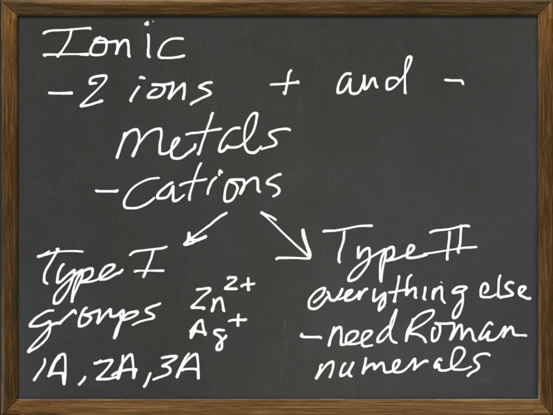The type 1 do not need Roman numerals because we can predict what their charge is. Group 1 has +1. Group 2 has +2. Group 3 has +3. And then zinc and silver we memorize. If it's not one of those, then you need a Roman numeral. Any questions about that?